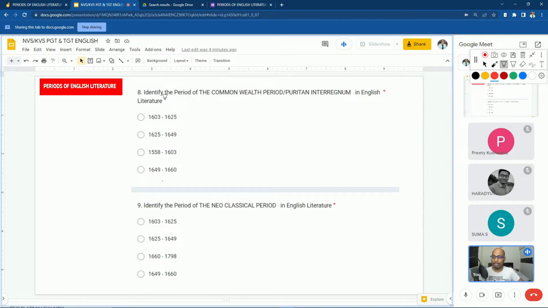Okay, Ghosh. Now tell me, identify the period of the Commonwealth period or Puritan interregnum in English literature. What is the correct answer here? Commonwealth period. 1625 to 1649. 1649 to 1660, the Puritan interregnum or Commonwealth period.